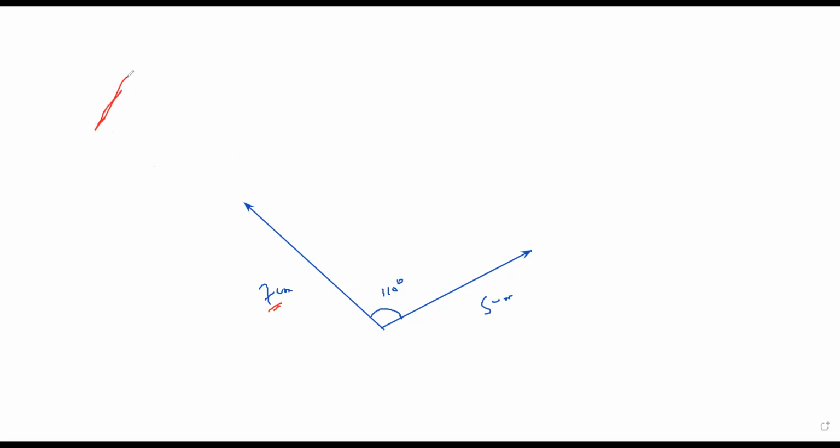I'm about to conclude the session. We place the needle of the compass here, open the compass 7 centimeter using a scale, and draw an arc. An arc means part of the circle.